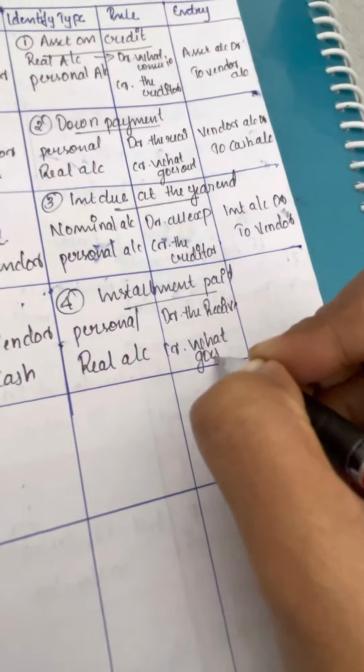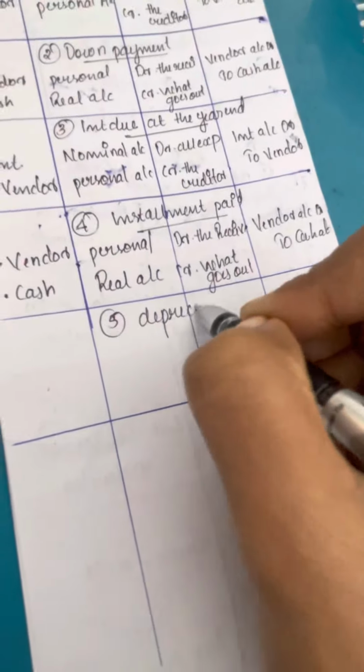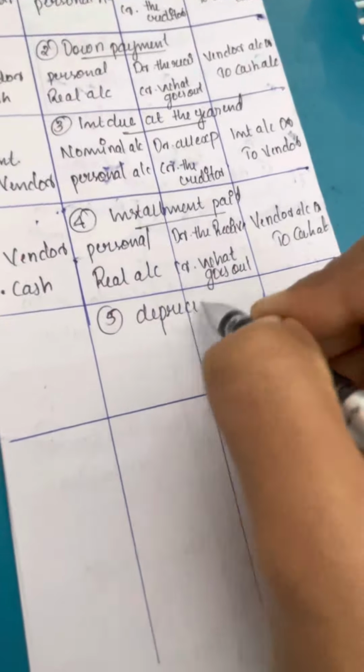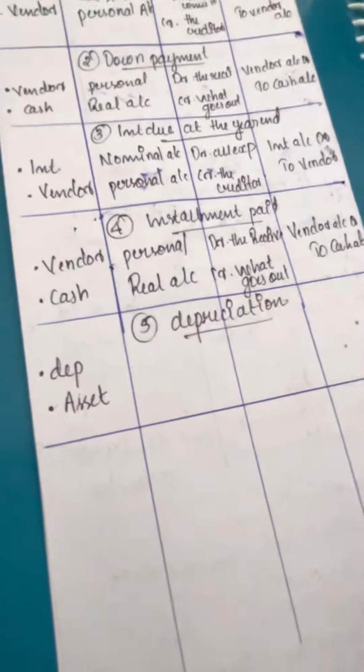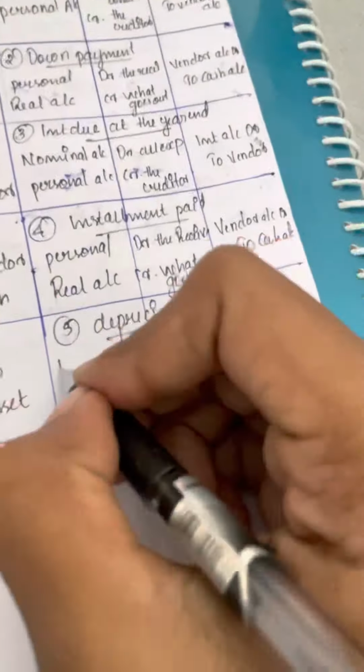The fifth entry is depreciation. We already know it reduces the value of the asset, so it's a loss. In depreciation, there are two accounts: depreciation and the asset. Depreciation is a nominal account and asset is a real account. The rule is debit all expenses and losses.